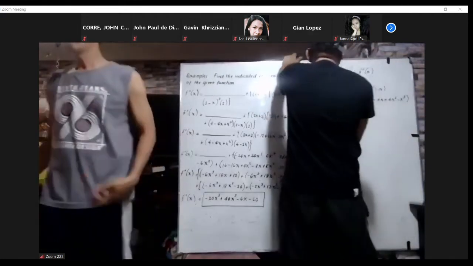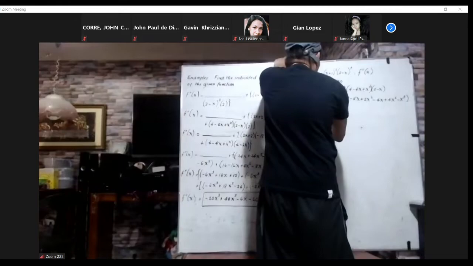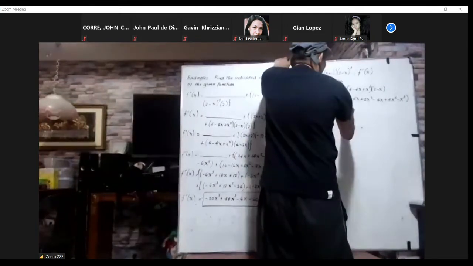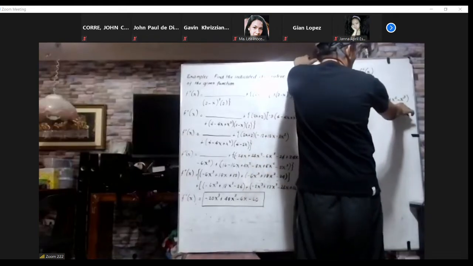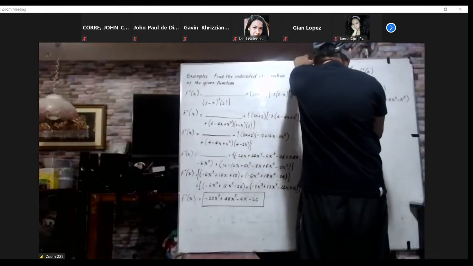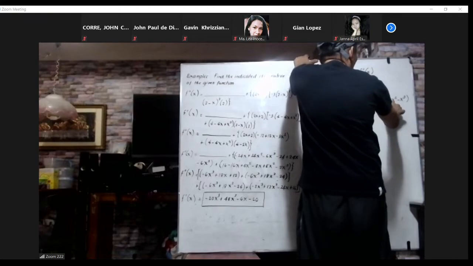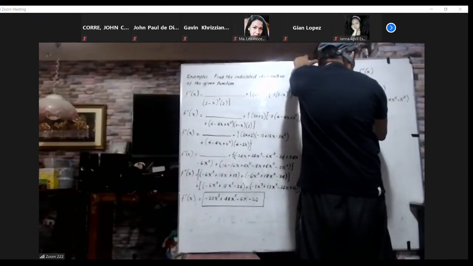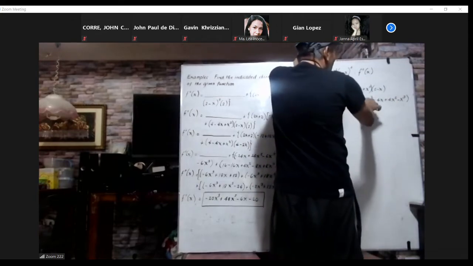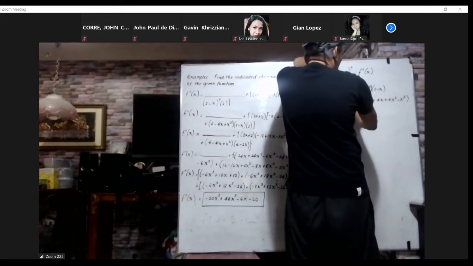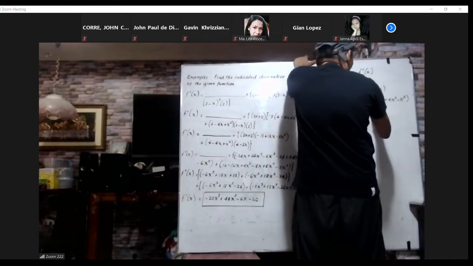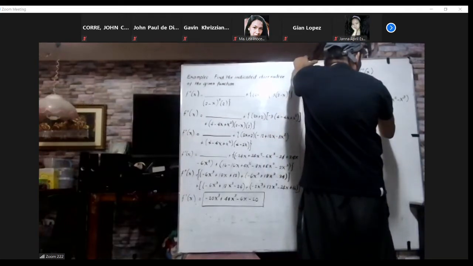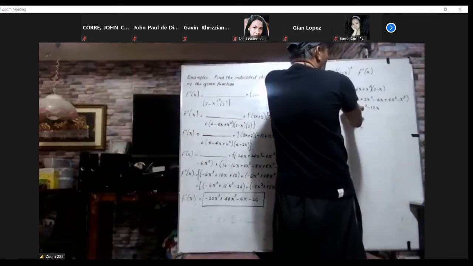Yan. So, pag sama-samahin, that is x squared plus 2x plus 1 multiplied ngayon ng, ito muna, negative x cubed, then x squared, 4x plus 2x, positive 6x squared. Then, ito, sa x naman, negative 8x minus 4x, negative 12x. And the last one is 8 na lang.